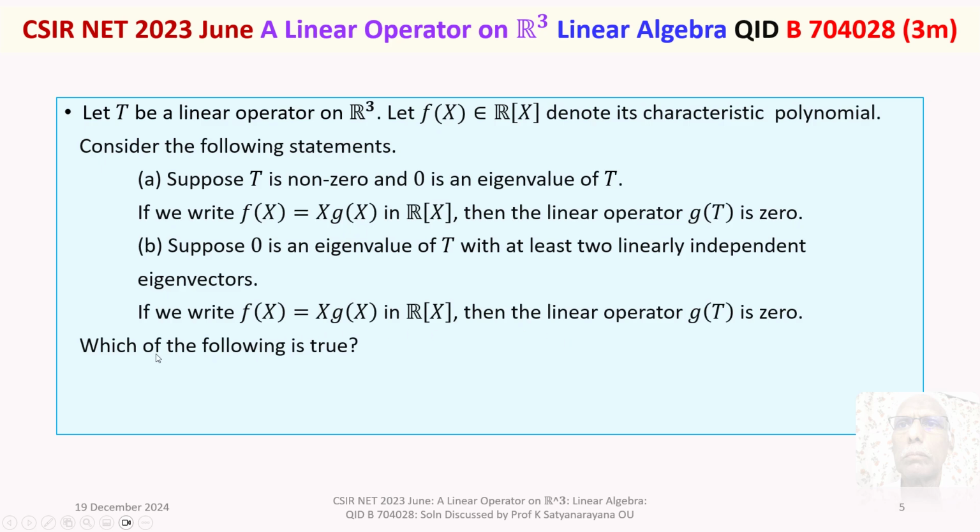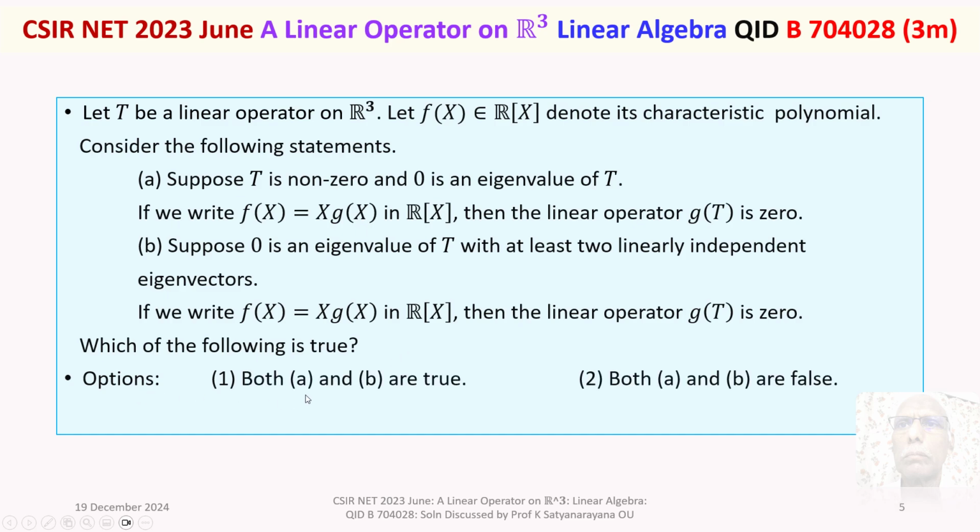The question is, which of the following is true? We are given 4 options. Option 1, both A and B are true. Option 2, both A and B are false. Option 3, A is true and B is false. Option 4, A is false and B is true.